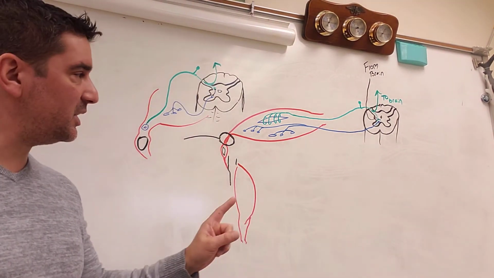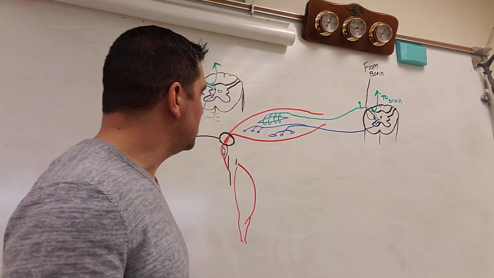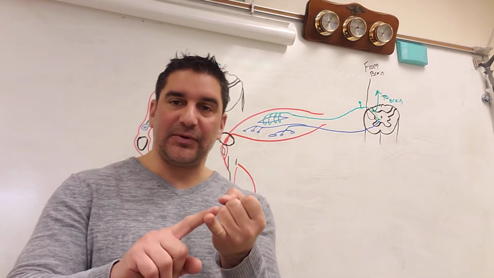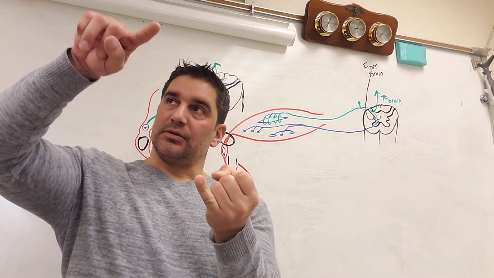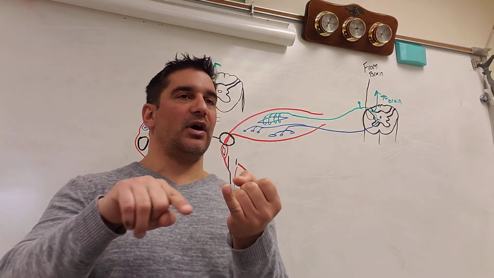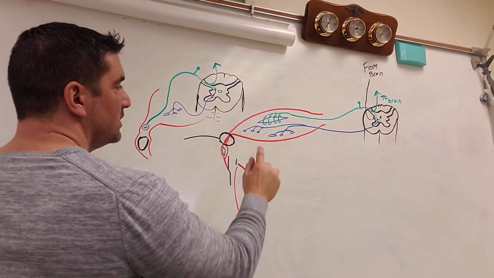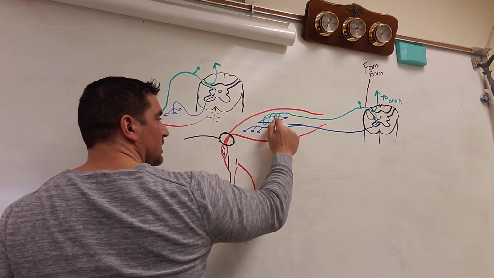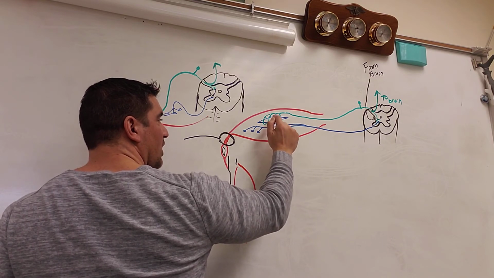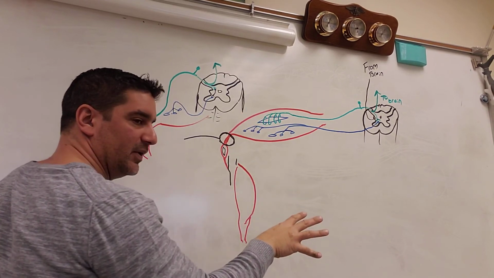So just to review, here's what we've got. Our basic reflex arc, which I erased, would be from the receptor to the central nervous system, perhaps an interneuron, motor neuron, effector. Some specific examples. Stretch receptor. The receptor itself is called a muscle spindle. The muscle spindle is a mechanoreceptor.